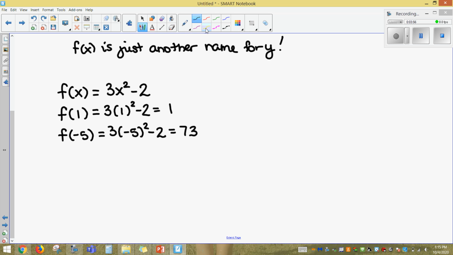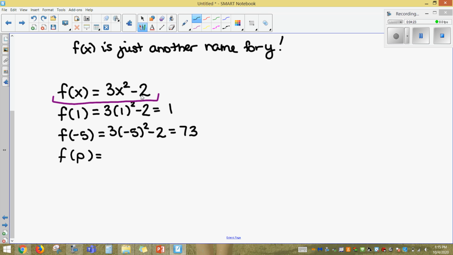If I'm given my function f of x as an expression in x like we are given right here, then if I'm asked to find f of anything else, I go back to that expression and I replace the x with whatever I was asked to replace it with. So maybe instead of f of 1 or f of negative 5, I'm asked to find f of p.